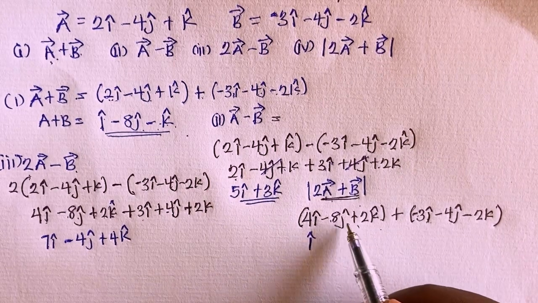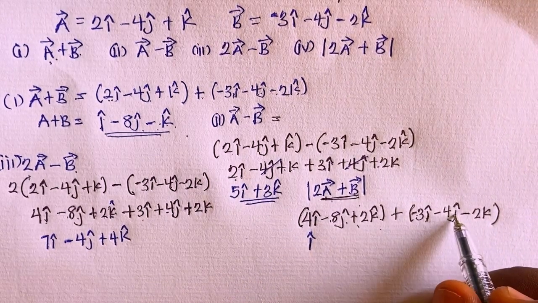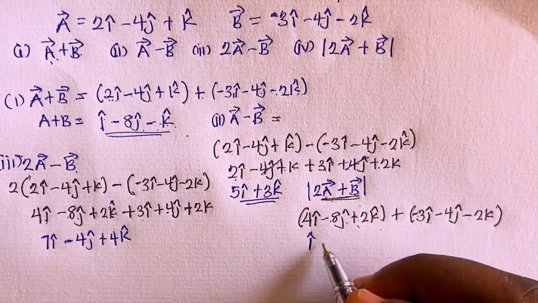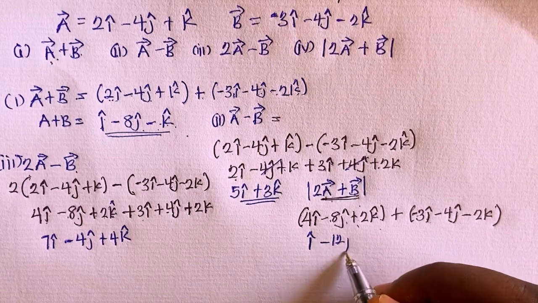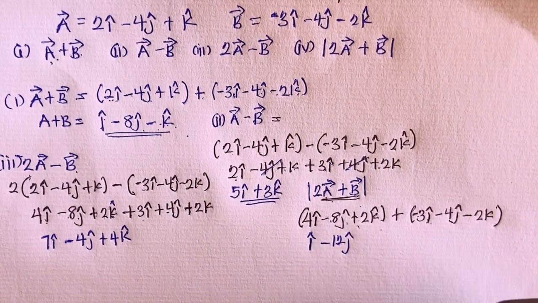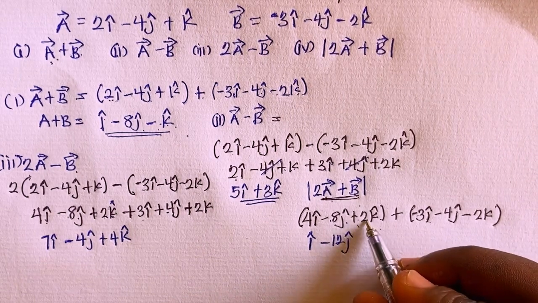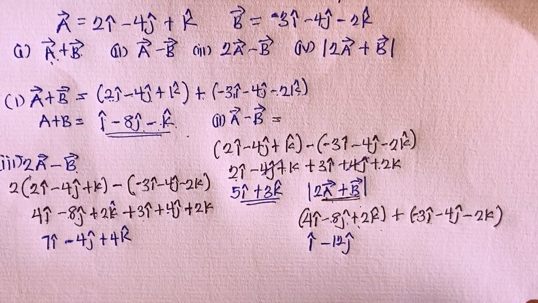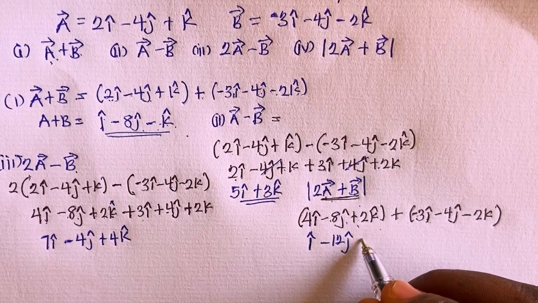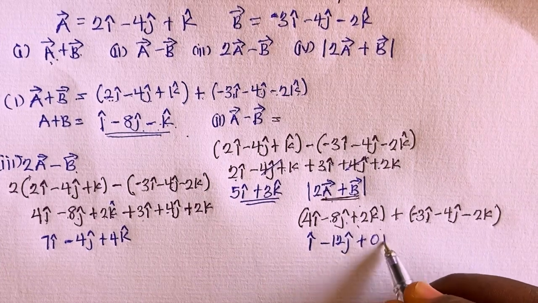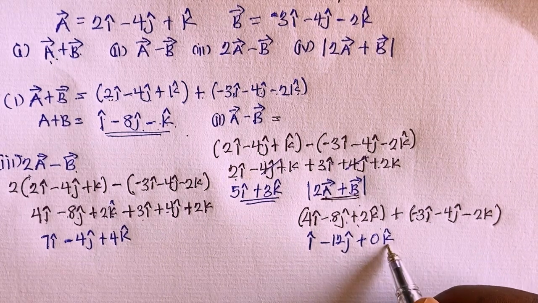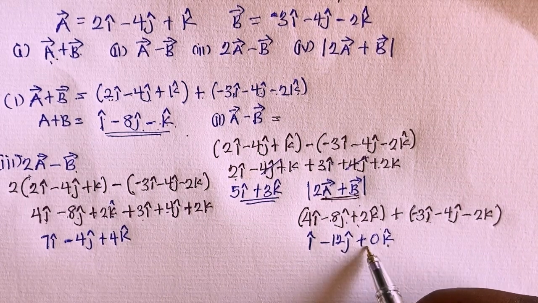Then here minus 8j minus 4j, that's actually minus 12j. Then after that, 2k plus minus 2k will cancel out, which I can represent as 0k, since the magnitude of k is 1 multiplied by 0, which is 0.